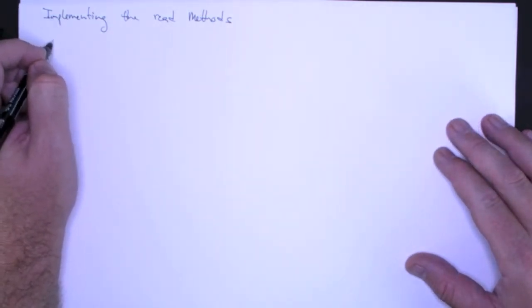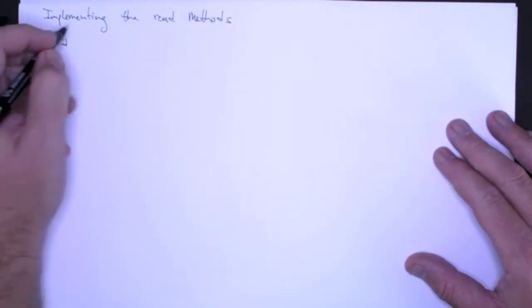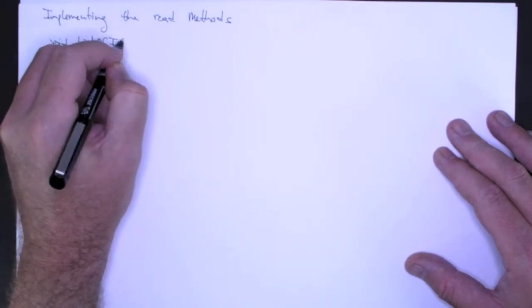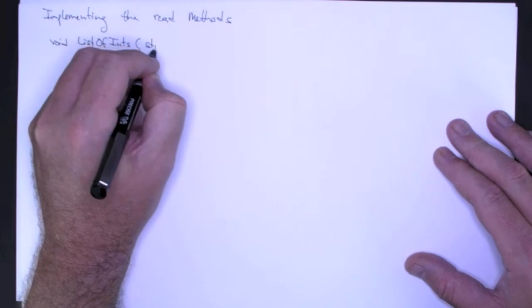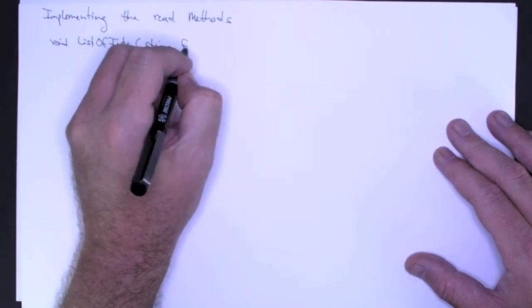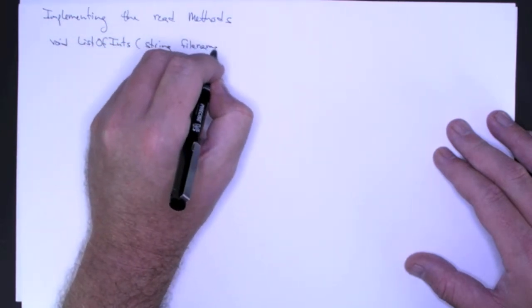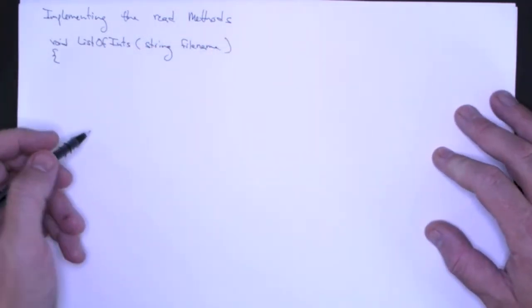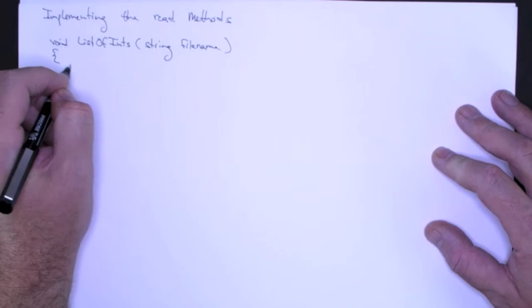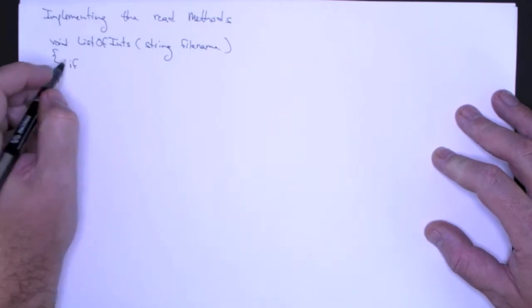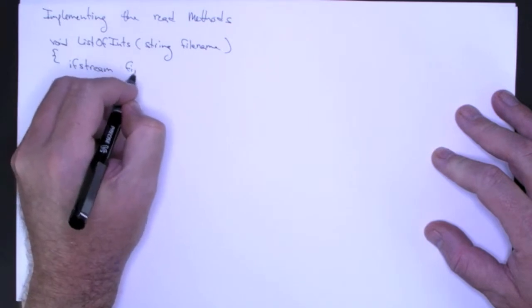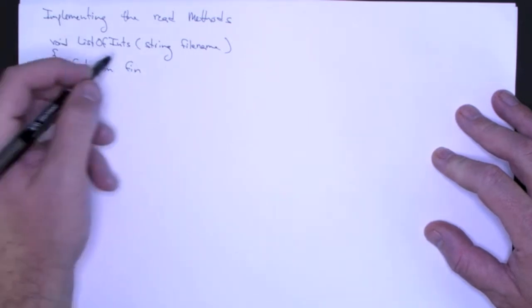So the first read method is going to take a string. I'm going to leave off the constant. I'm going to use this to open an input file stream, and I'm going to call it fin for file input.